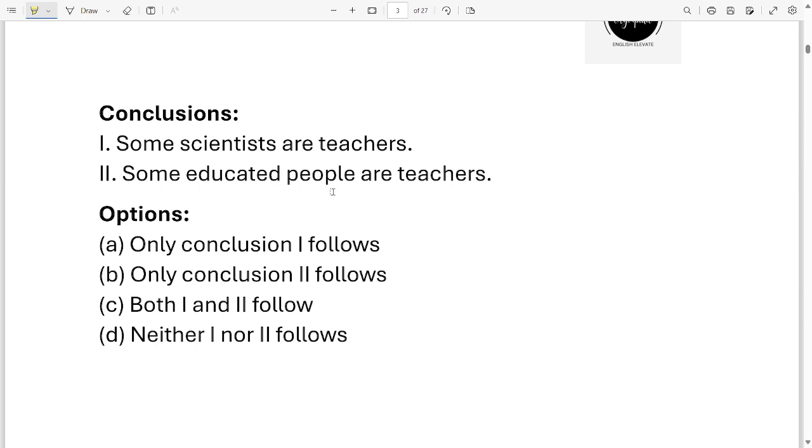Some educated people are teachers. So these are the two conclusions. Now which one holds correct? It is only conclusion 2 follows. Some educated people are teachers.